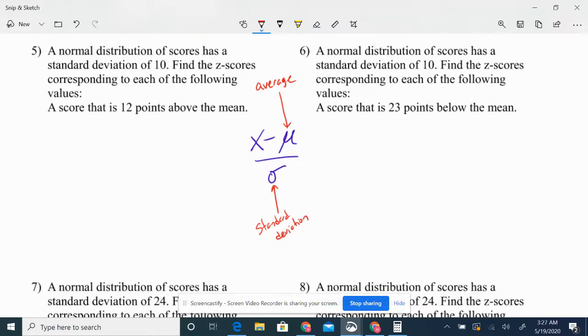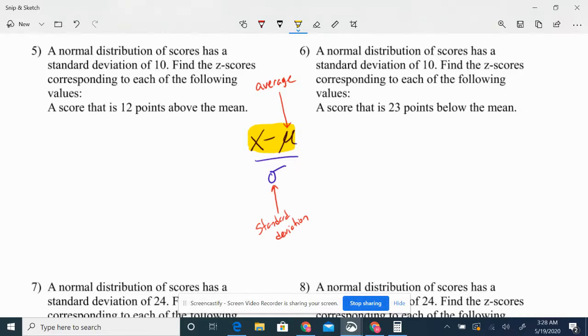Now, the formula x minus mu over sigma, the top part is going to tell me the difference from my average. If my x minus mu happens to be a positive value, then my number is above the average.